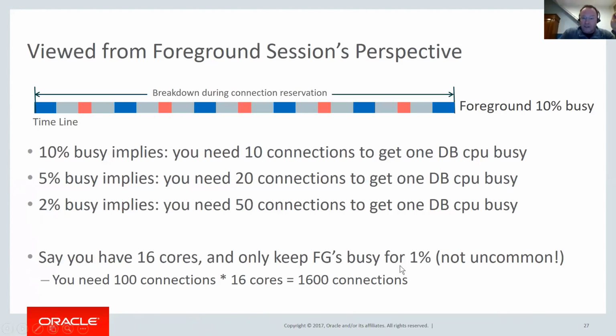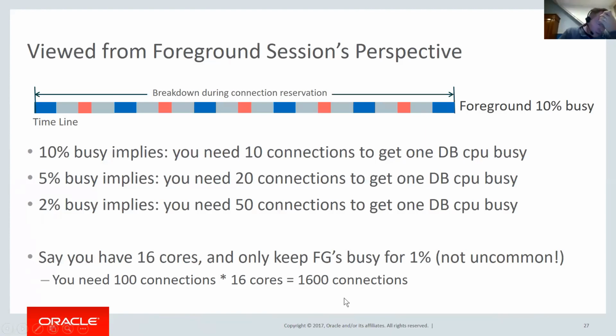In the real world, we often see 1% or sub 1% busy rates of the foreground processes. That means you need 100 connections to even be able to get one database core busy. So if you have 16 cores and a software architecture that only keeps a database session 1% busy when it's using it, you already need 1600 connections to put load on the database server.